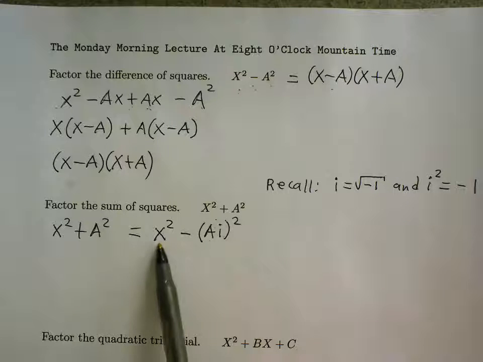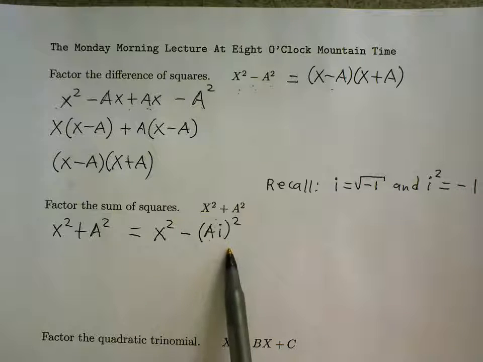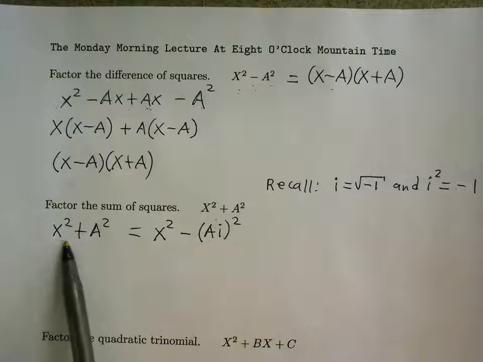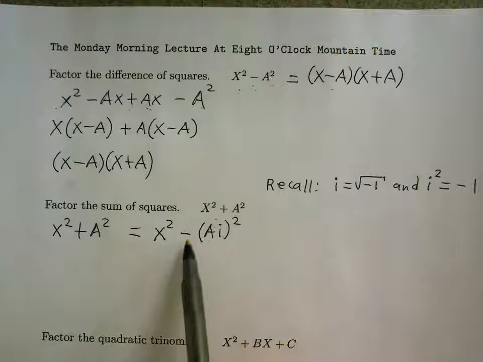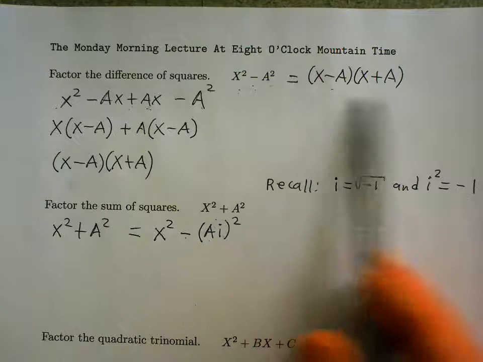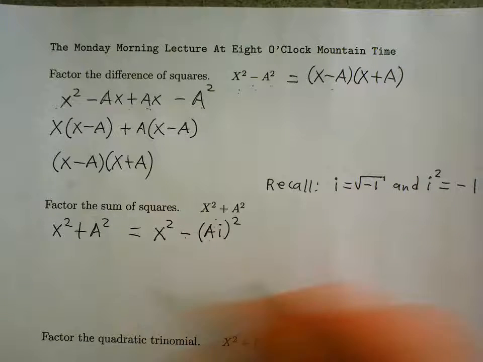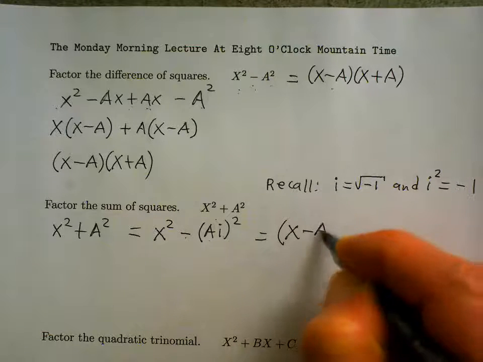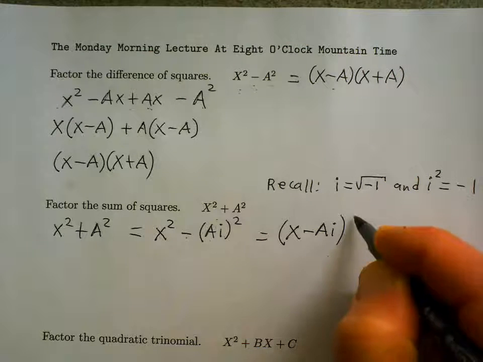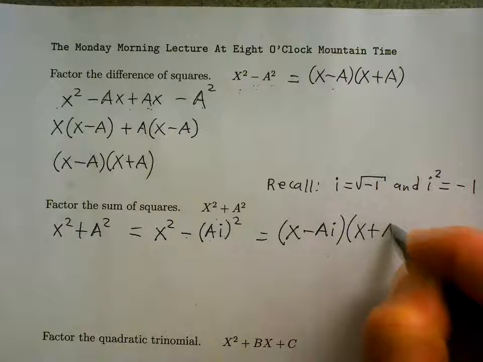So this is equivalent to x squared minus -a squared, which is the same as x squared plus a squared. Now that we have a difference of squares, we can use the difference of squares factoring formula. And we'll write the two factors as x minus a times i, and the other binomial is x plus a times i.